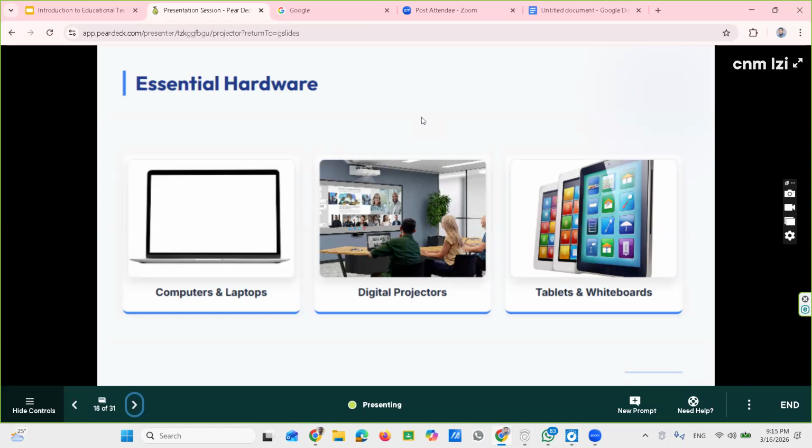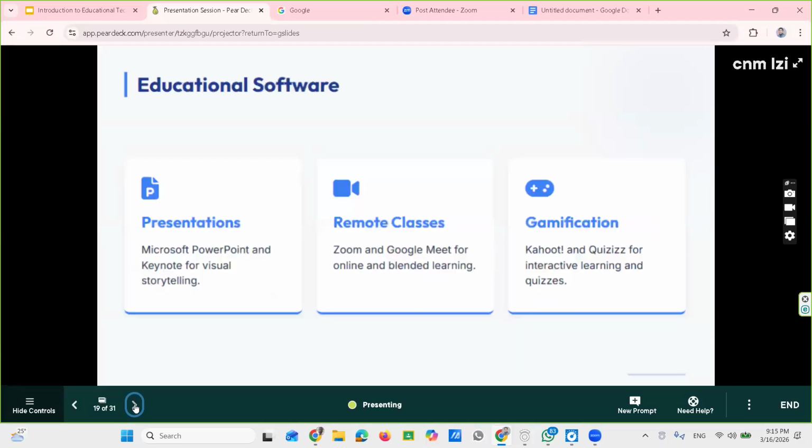Then tablets and whiteboards are also hardware that come under essential hardware. Currently very popular, the smart board. Right? Smart board is also another hardware you can categorize under the essential part. Right. Then look at the next slide.